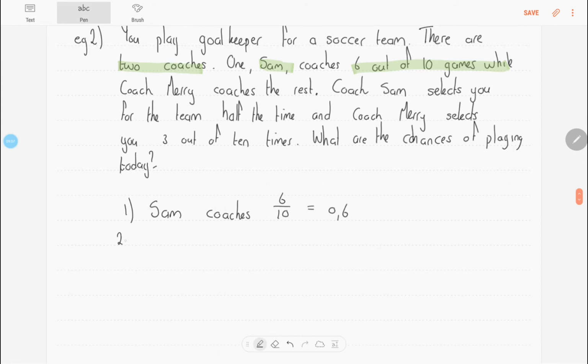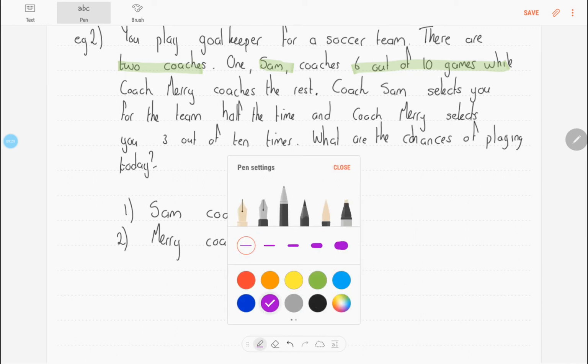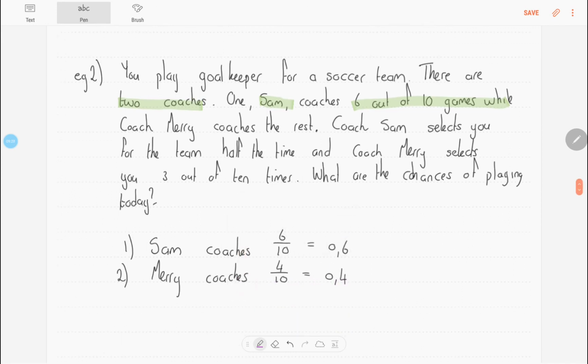Then the second coach is Mary, and she coaches the rest. So if Coach Sam coaches 6 out of 10, Mary must coach the rest, which is 4 out of 10, so there's a 0,4 chance of her coaching. Now it says that Coach Sam selects you for the team half the time.